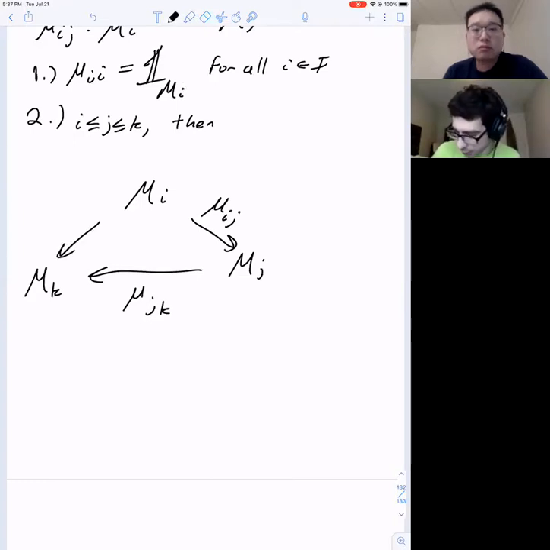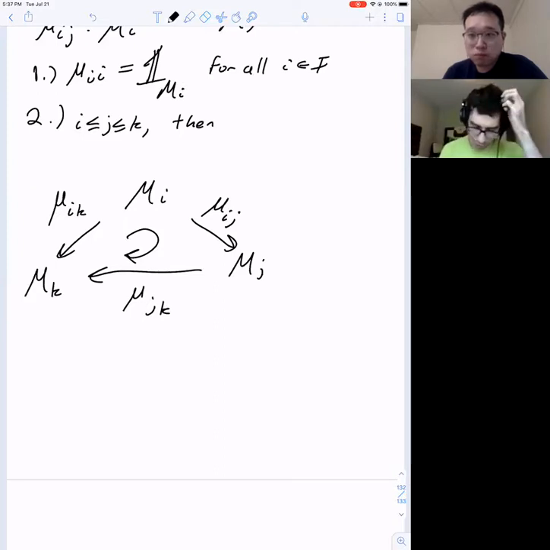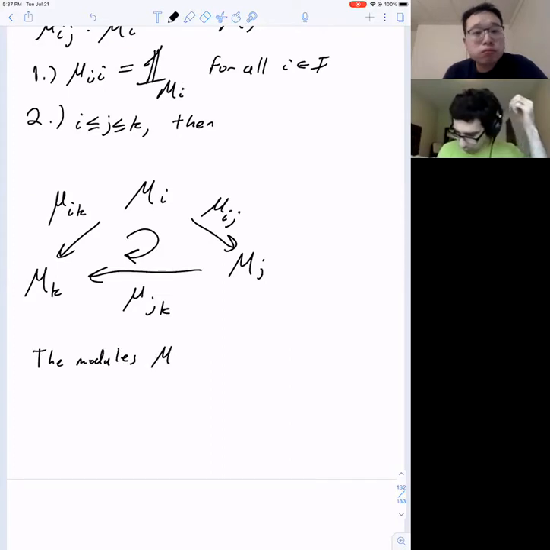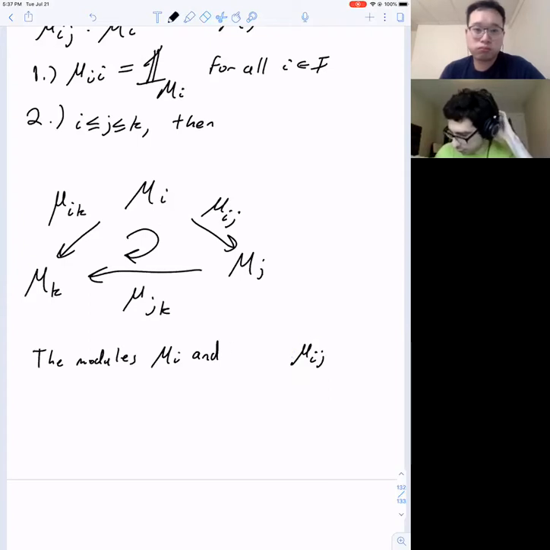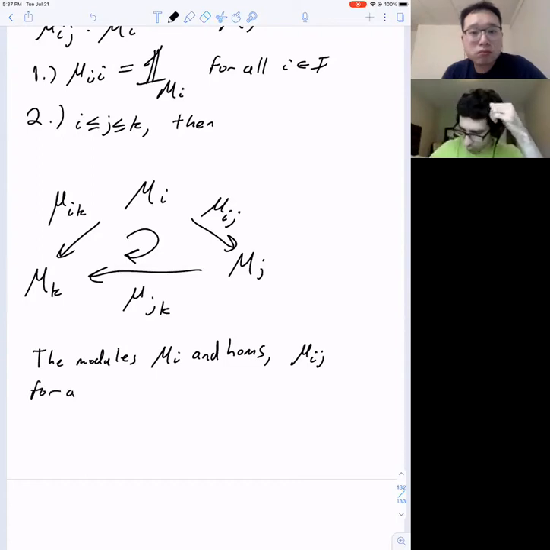But then that means i is less than k, and this diagram also has to commute. If that's the case, the modules M_i and the homomorphisms mu_ij form a direct system.